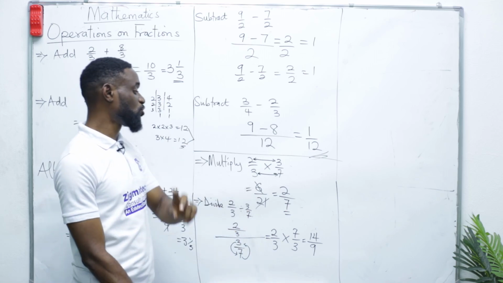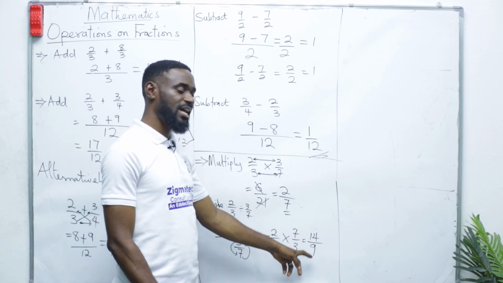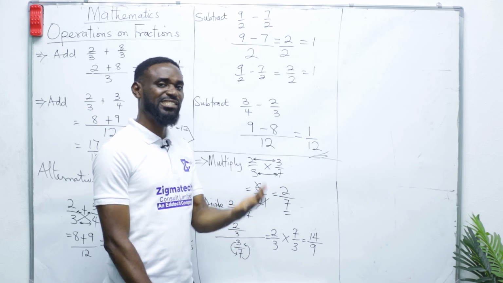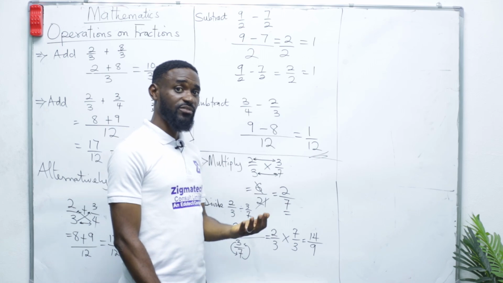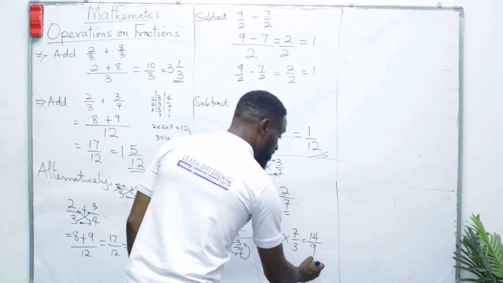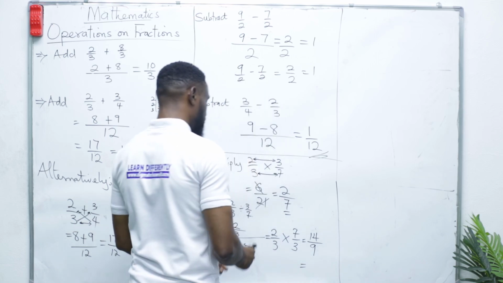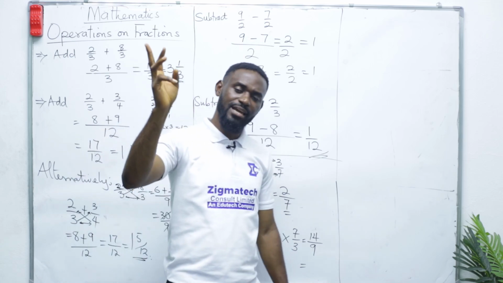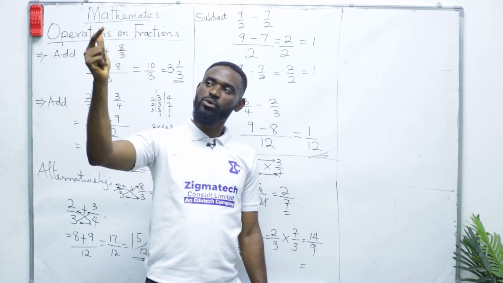But you know, 14 over 9 is an improper fraction. So we need to convert it to a mixed number or a mixed fraction. So what we do now, how many times will 9 go into 14? Once. Okay, so what will be the remainder? When you count from 9 to 14, that will be the remainder. From 9, 10, 11, 12, 13, 14.